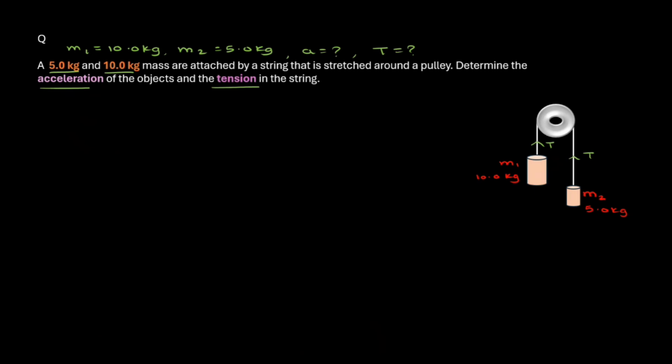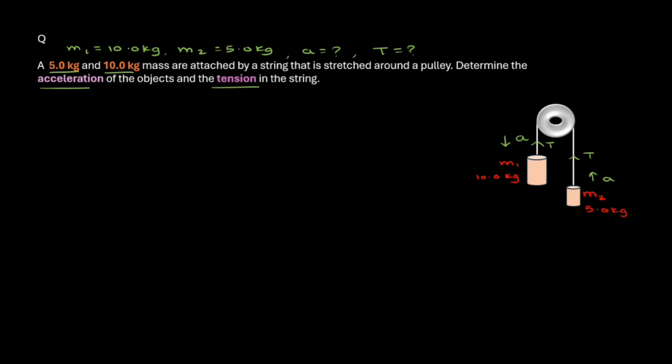We need to find the acceleration of these masses, so I'm going to first assume the direction of acceleration. Since M1 is heavier than M2, I'm going to assume that M1 is accelerated downward and is pulling M2 up, so its acceleration will be upward. Both masses have the same value of acceleration because they are tied by the same rope.